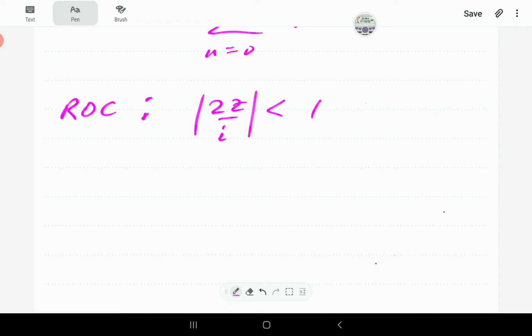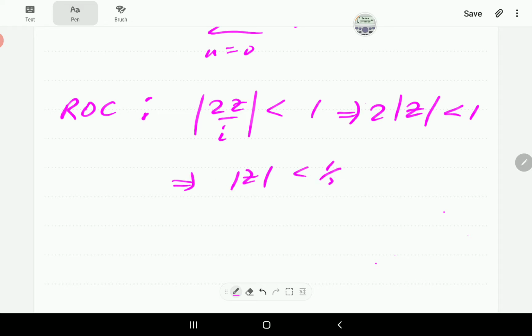Then that should give you some confidence that your answer is indeed good. Right, so here magnitude of i is 1, magnitude of 2 is 2. So this gives us mod z is less than 1/2.